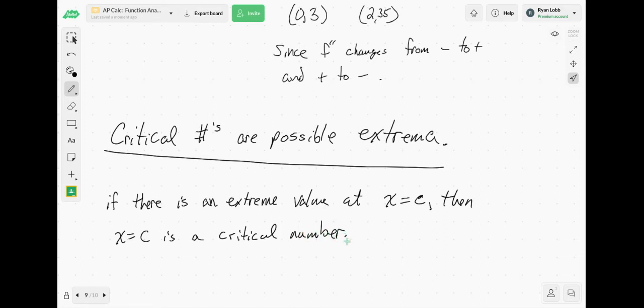Just make note of that: just because f prime of 2 is 0, it doesn't mean that there's a max or min at x equals 2. If f prime of 3 is undefined, it doesn't mean there's a max or min at x equals 3. There might be, there might not be.